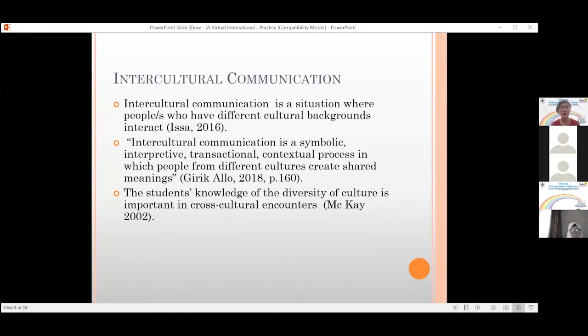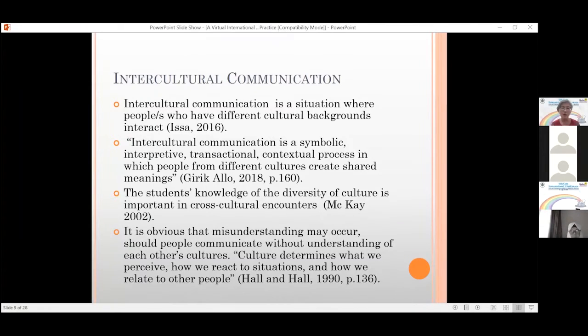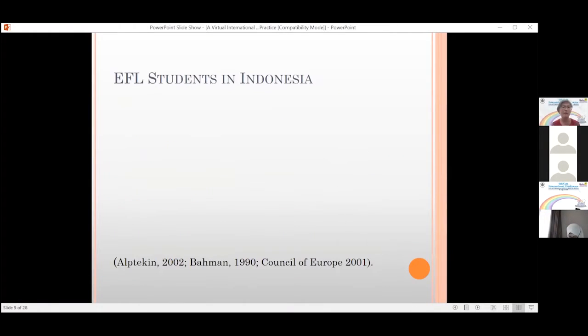And the students' knowledge of the diversity of culture is important in cross-cultural encounters, in McKay 2002. So it's obvious that misunderstanding may occur should people communicate without understanding each other's cultures. Culture determines what we perceive, how we react to situations, and how we relate to other people. Hall and Hall, 1990. Now, how about the EFL students in Indonesia?